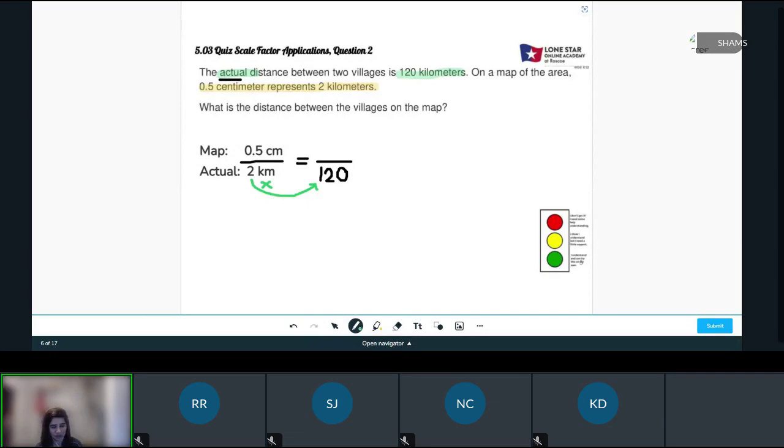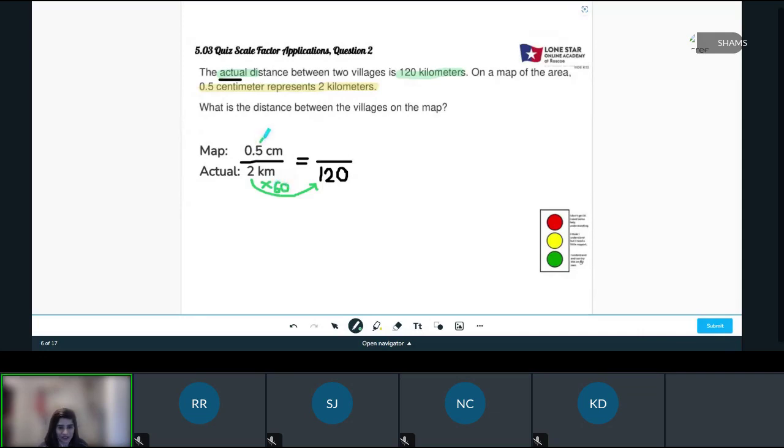Bella, Sean, Nina, Jasmine, Macy, Bella, Trey, think about it. From 2 to 120, it is going to be 60 times. Very good, Sean. So I'm going to say times 60.